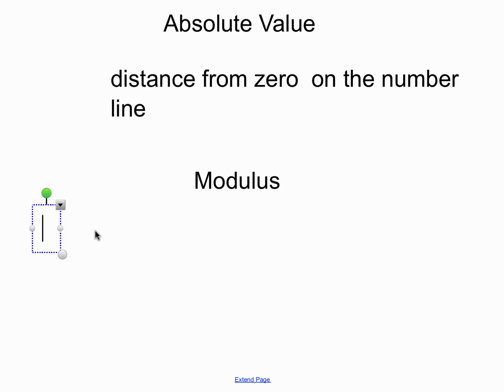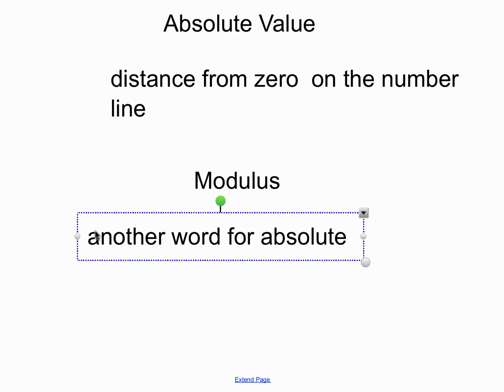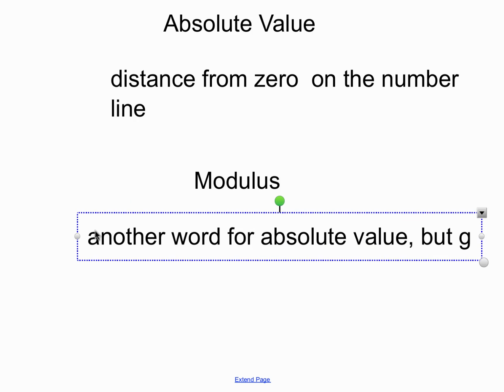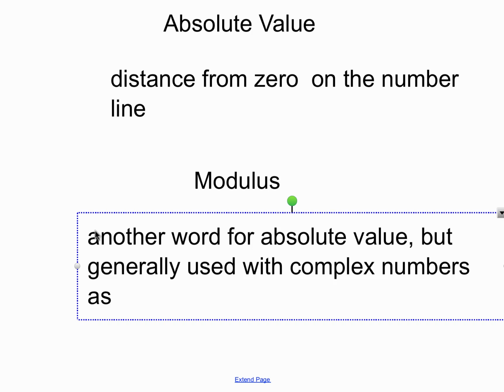Well, modulus is another word for absolute value, but generally used with complex numbers as the distance from the origin.